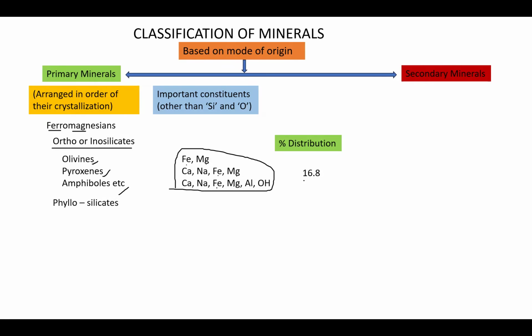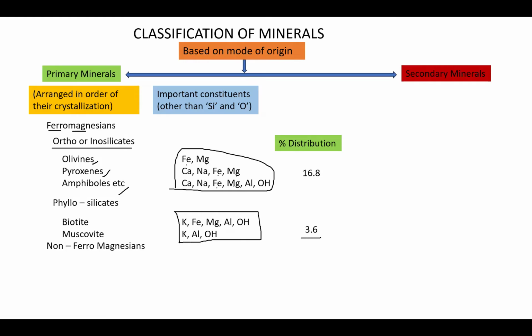Another group is called phyllosilicates. Examples of phyllosilicates are biotite and muscovite. These are their important constituents other than silica and oxygen, because tetrahedra and octahedra are the two fundamental blocks of crystallography. We'll discuss them later on. They are distributed around 3.6 percent.